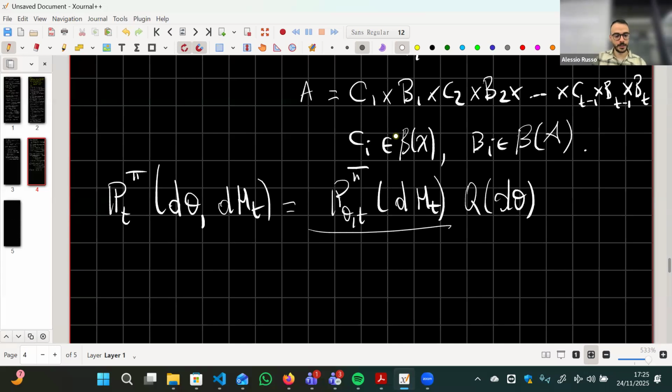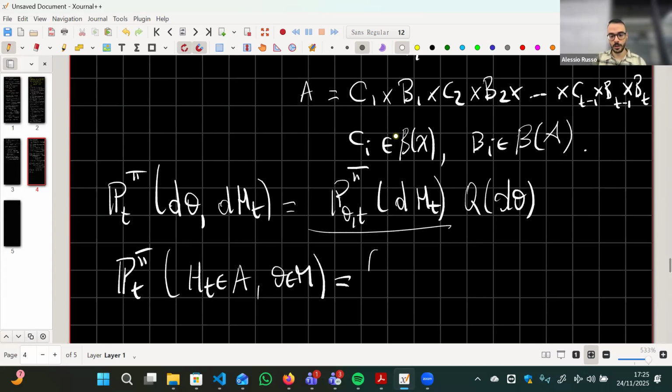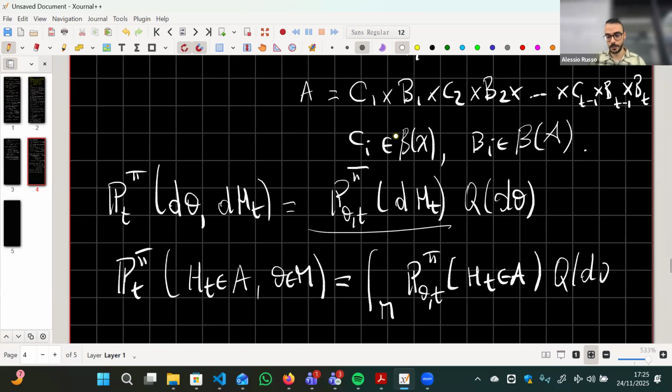So this is simply saying that the probability measure at time step t under sampling rule pi, the probability that ht belongs to some A and theta belongs to some M, is equal to the integral over M of the probability measure of theta, t, pi of ht belonging to A, integrated over q d theta.